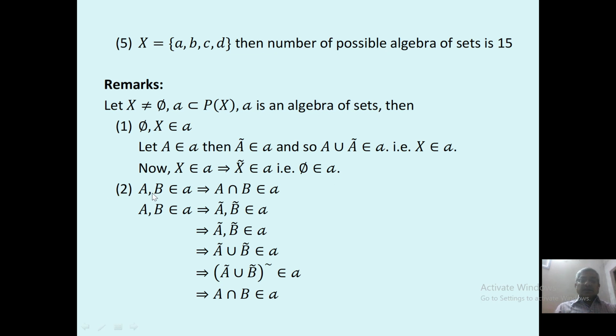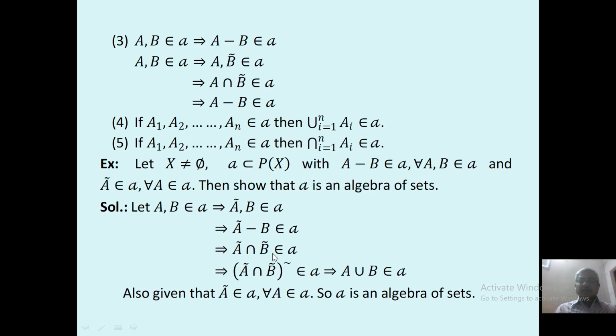Another result: if A, B belong to script A, then A intersection B also belongs to script A. Given that A, B belong to script A and script A is an algebra of sets, A complement and B complement also belong to script A. So the union of A complement and B complement also belongs to script A, by condition number 1.